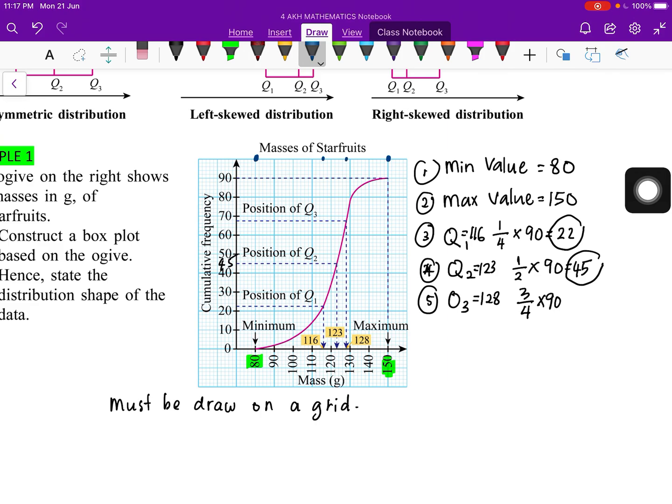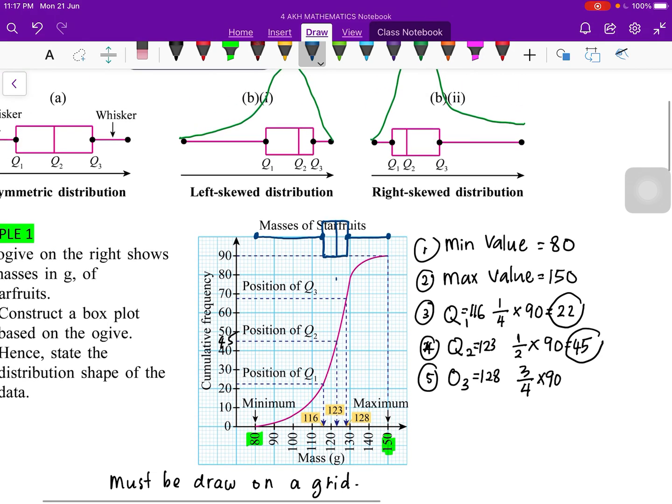So jadi bila buat box, saya akan buat satu garisan here, and then satu garisan here. Alright, and then we assume kita ada satu box. Make it nice. Okay. And then kita tengok median, which is in the middle here. Okay. So this is our median.